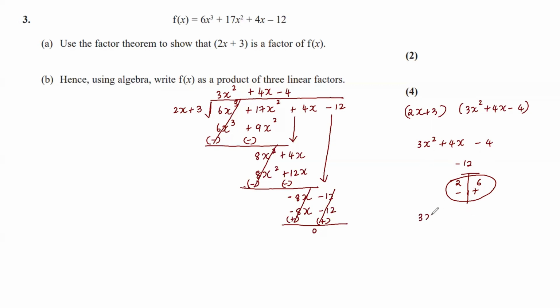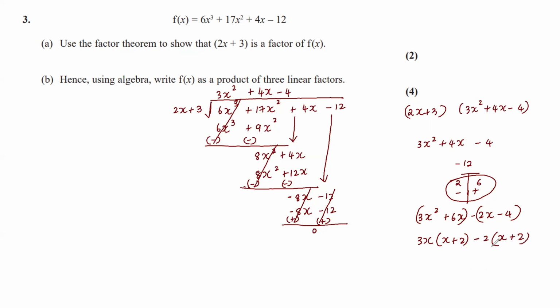So this will become 3x squared plus 6x minus 2x minus 4. So factorizing them, taking the common things outside, we have 3x common here, left with x plus 2. Minus 2 is common here, left with x plus 2. Minus into minus is plus.